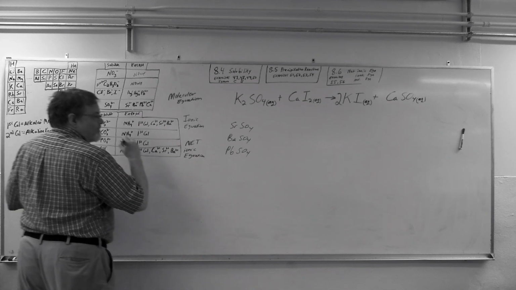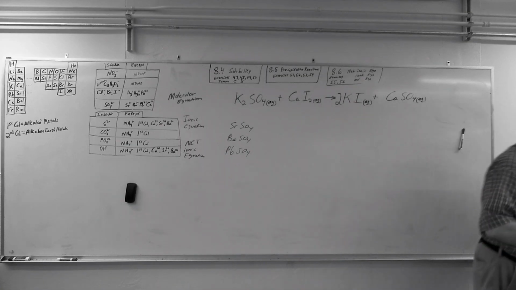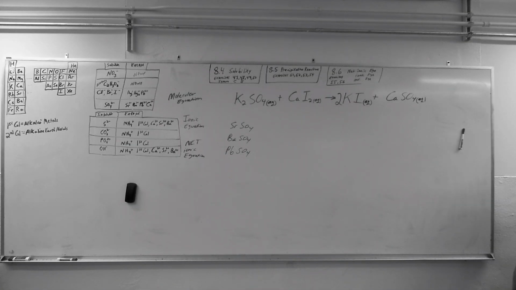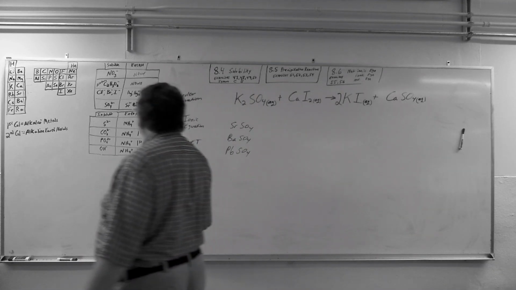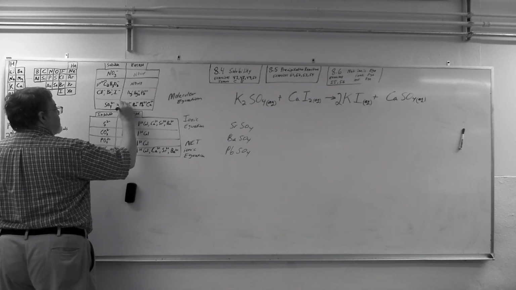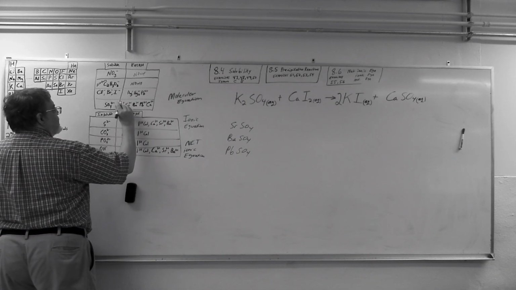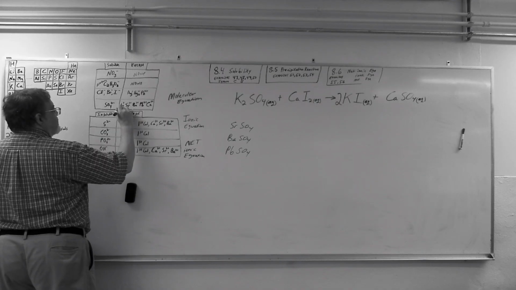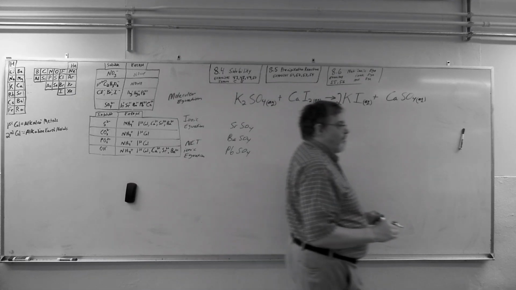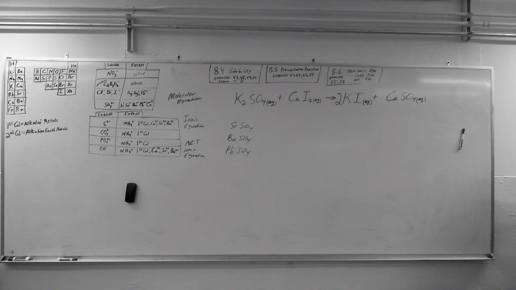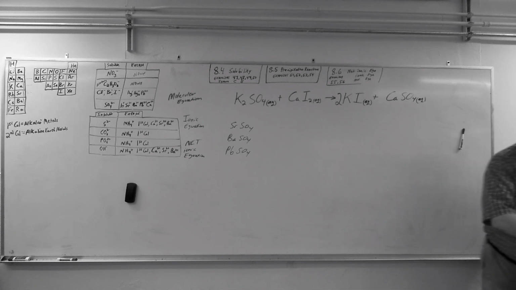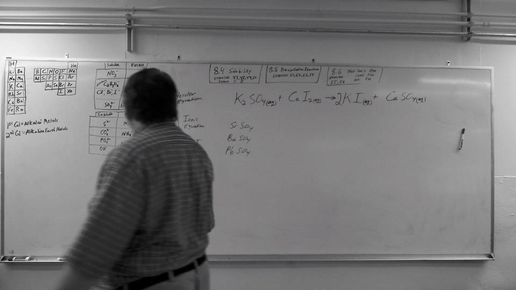We also had, what else did we have on the chart now? Sr. Silver sulfate. I'll fix these charts. Have Pb in there.